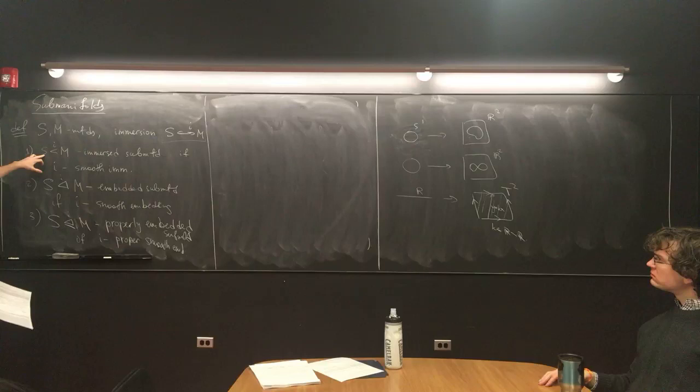So the statement is, let's say this is a cover, i.e. a covering space, and gamma is a path in M. Pick a point P in the fiber above the starting point of gamma.